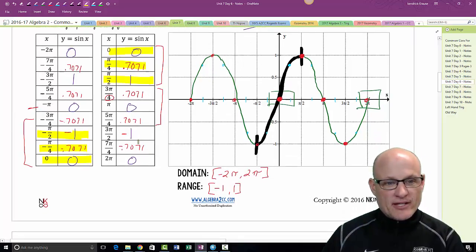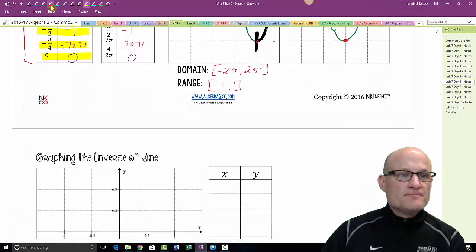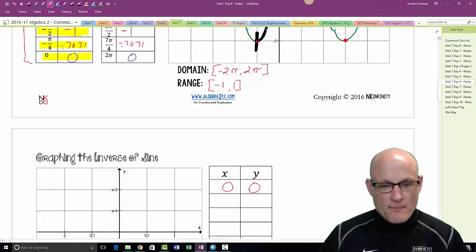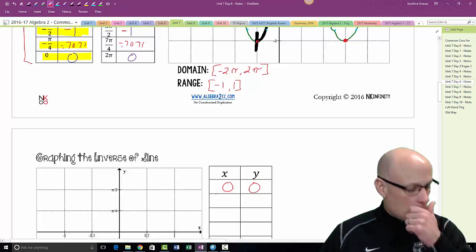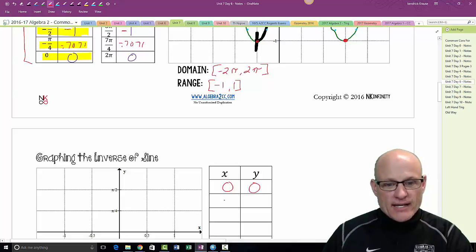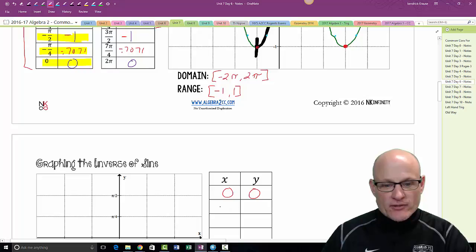But remember, when we have an inverse, we're going to switch the x and y. So 0, 0 is pretty easy. It stays 0, 0. But when y is -1 up there, x is pi/2. So when this is -1, this is pi/2.